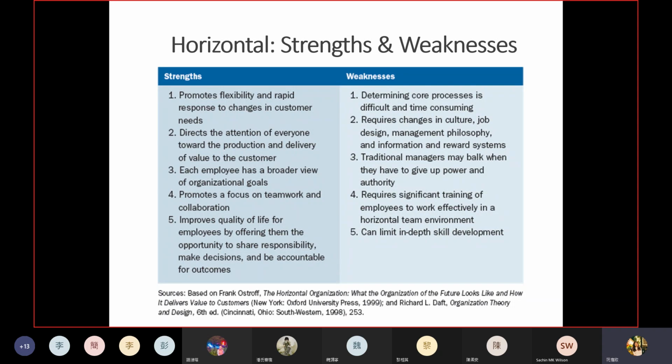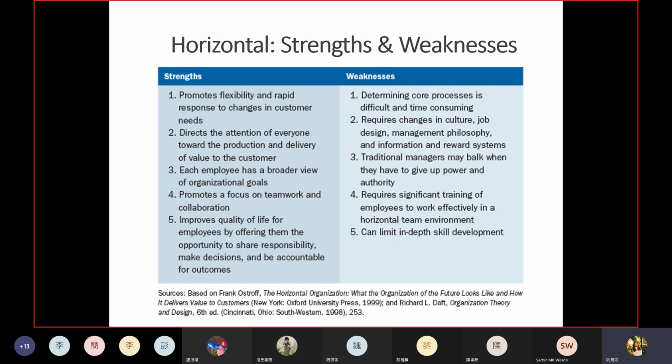And the third one is because it's a decentralized decision-making system. So traditionally, managers who had a lot of power in their hands may not feel happy because they have to give up their authority. And of course, this only happens when a company originally followed other kinds of structure and now wants to go through a transformation.